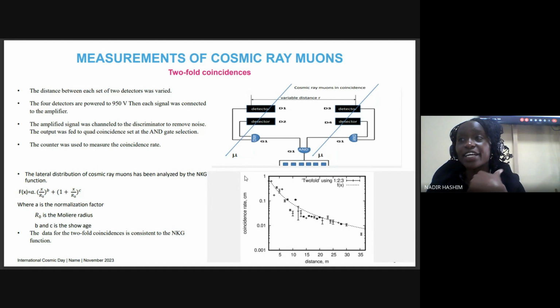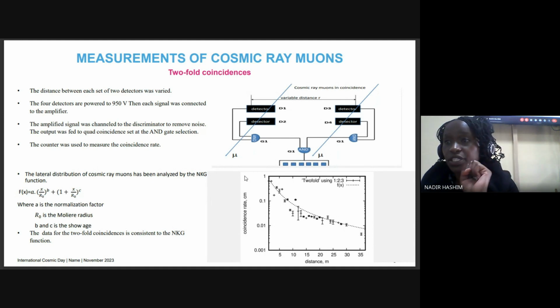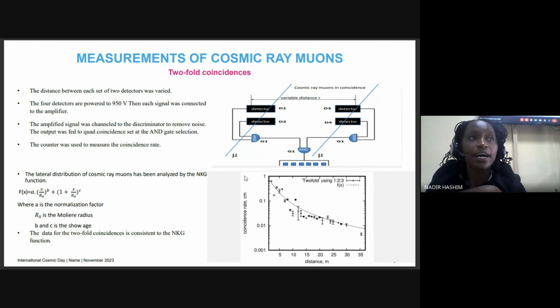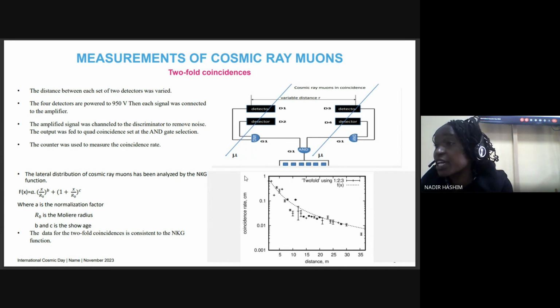And then finally, the output is fed to the quad coincidence gate section. And then the counts are counted at the counter. Then, as you can see, there is a graph we have there showing us the results that we have obtained.